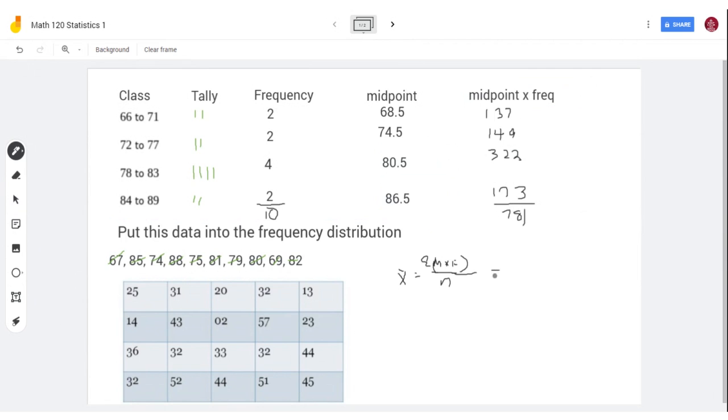So in this case, it's 781 over 10, which gives us 78.1. And that makes sense because you can look and see where most of them are at right in here. So, all right. That's all for what they call the measures of central tendency.